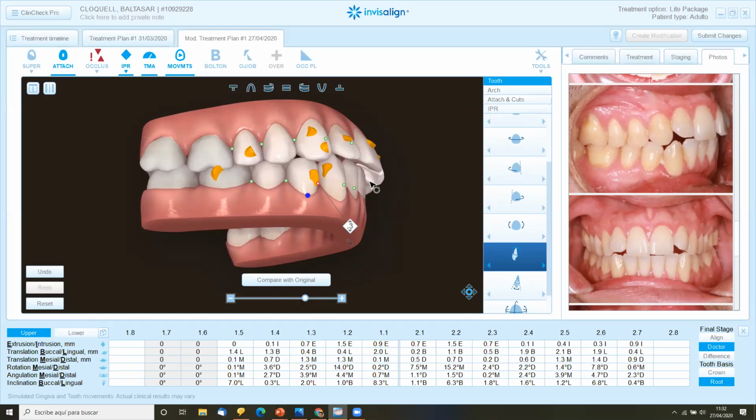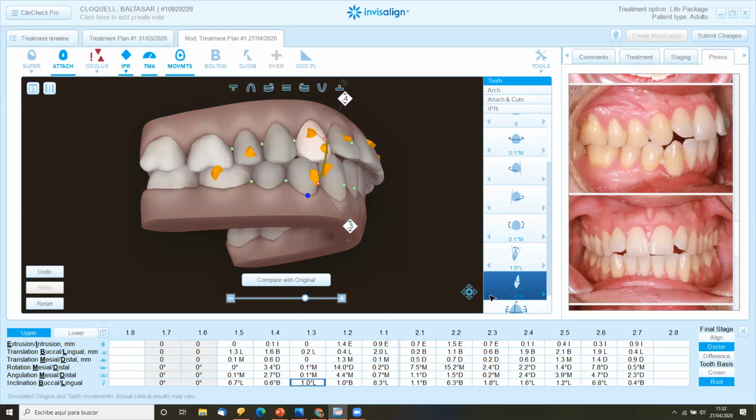We can do two things. Start changing every value here, or I go say make unmovable, now say make movable, and I do something similar to what I did to the other one. I move the crown buccally and I move the root lingually, okay?